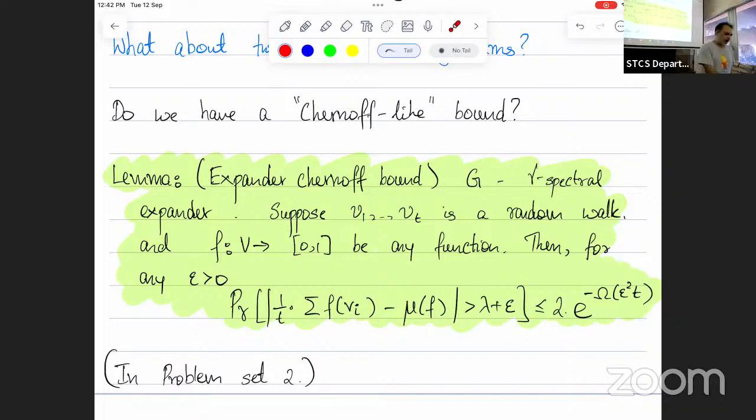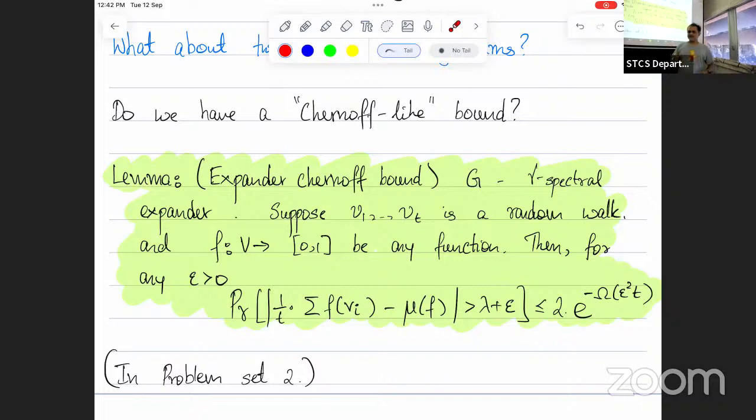And I want to know how much it deviates from μf, the correct average, that is the true average of f. Okay, and it says the probability that you deviate by more than epsilon plus lambda, where lambda is the spectral expansion, has basically the same error decay as the standard Chernoff bound has.